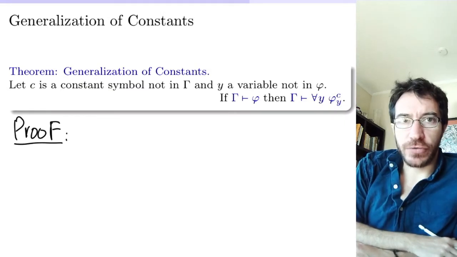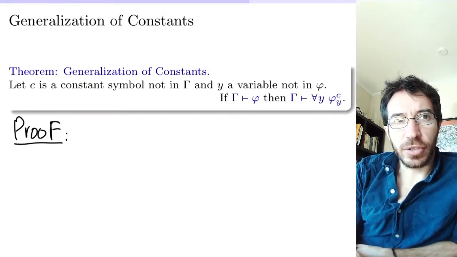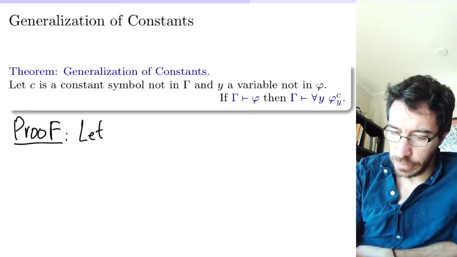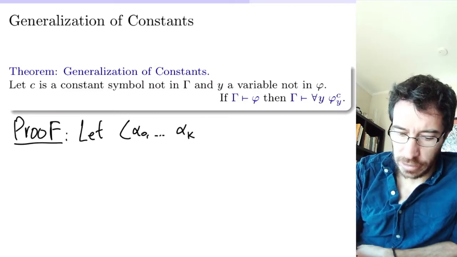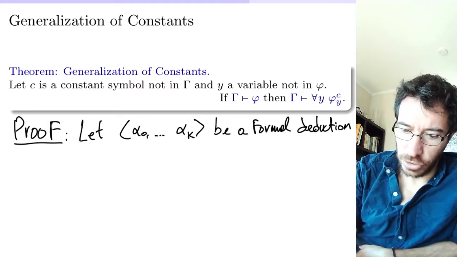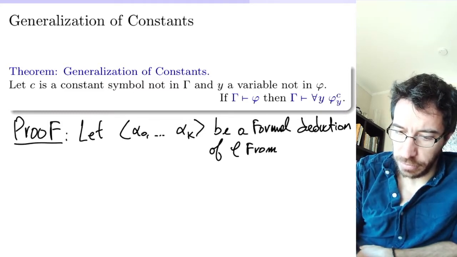Okay, so let's prove this theorem. The proof goes as follows. Let alpha 0 through alpha k be a formal deduction of phi from gamma.